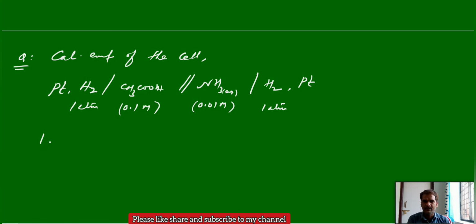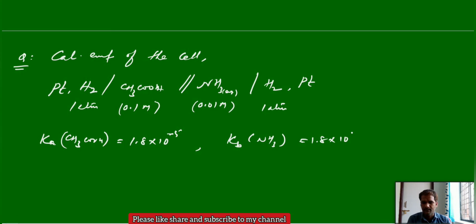They give Ka of acetic acid as 1.8 into 10 power minus 5, and the base dissociation constant of ammonia Kb is also 1.8 into 10 power minus 5. Both are hydrogen electrodes, so it is a kind of electrolyte concentration cell, where the electrolyte concentration is different and the acid and base constants are given.